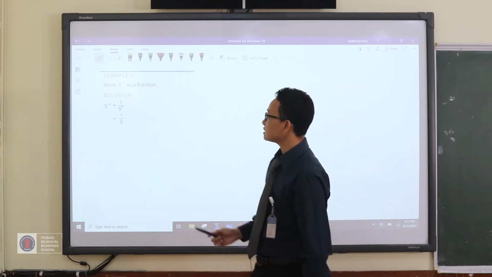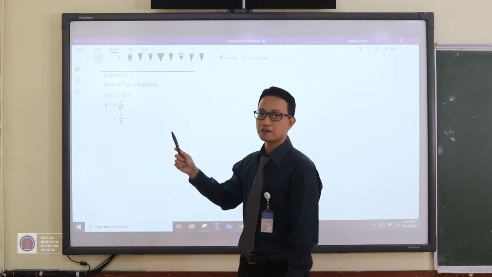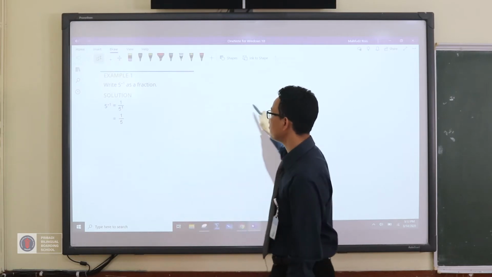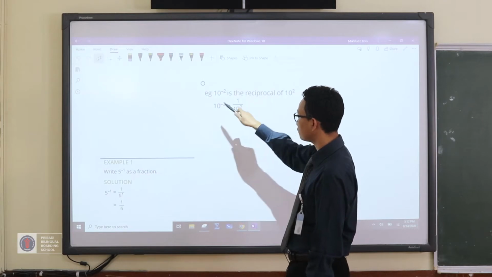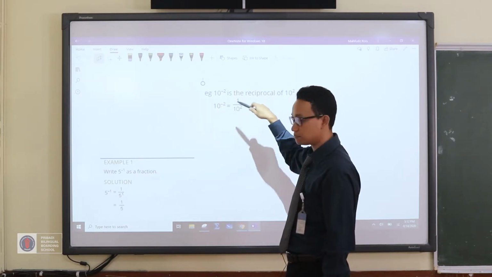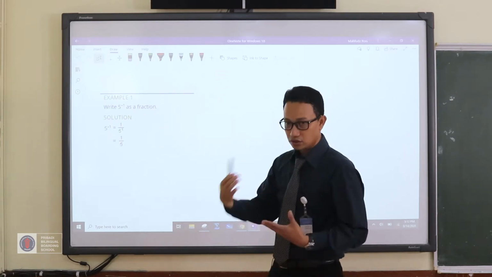So in example one, we need to write 5 to the minus 1 as a fraction. A fraction and a reciprocal are the same thing. The form of the reciprocal is what we call a fraction in normal numbers.